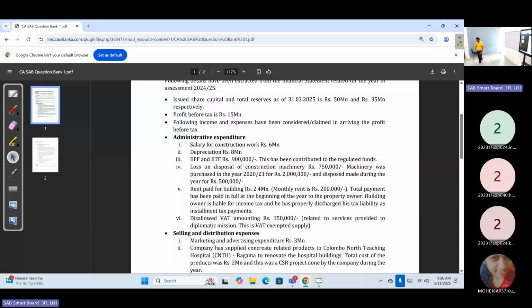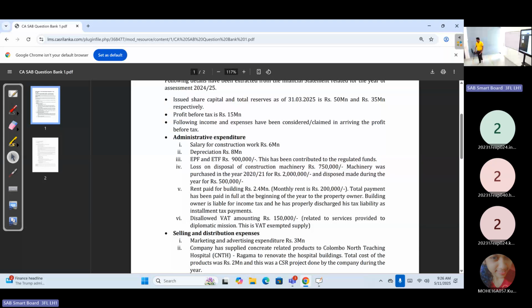Tax adjustment needs to be done. It says material was purchased in the year 2021 for 2 million, and this was sold during the year for rupees 500,000. We go with that.